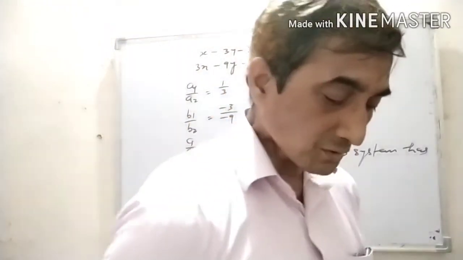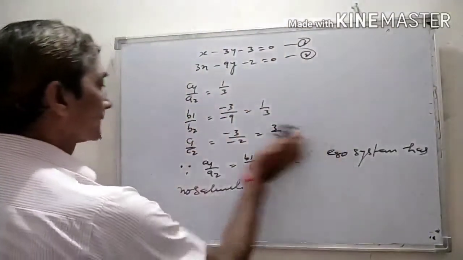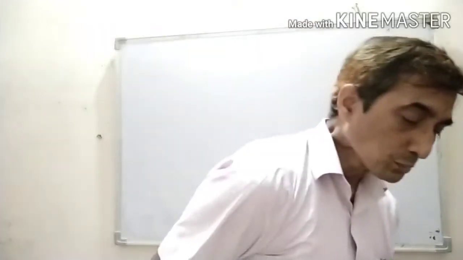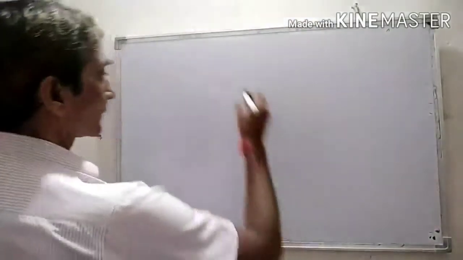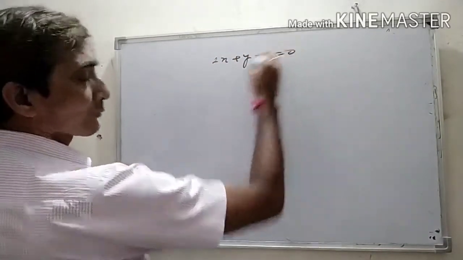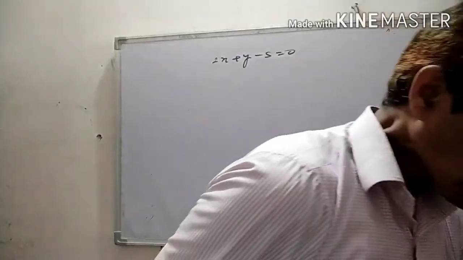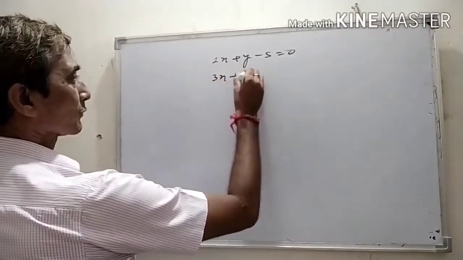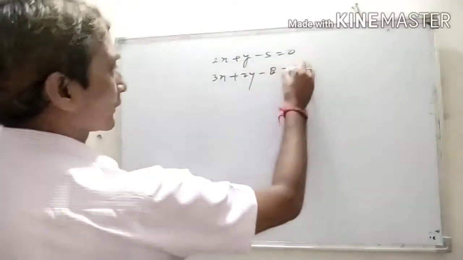Next, question number two: 2x plus y minus 5 equal to 0, and 3x plus 2y minus 8 equal to 0.